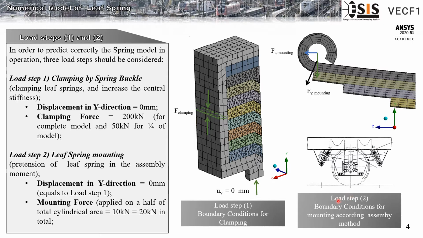For load step 2, we applied a mounting force here, trying to simulate the real boundary conditions as illustrated here. The force applied was equal to 10 kilonewtons, because we only consider half of the total cylindrical area.